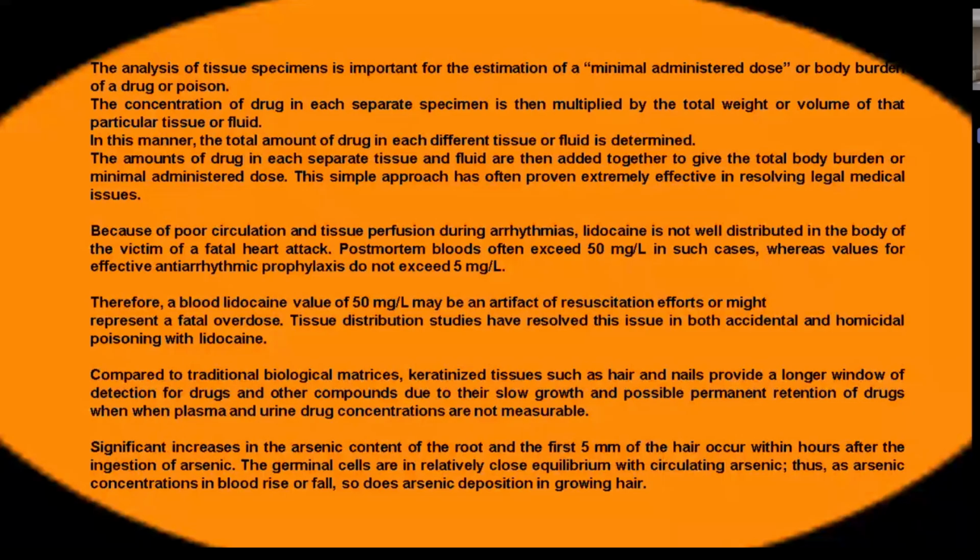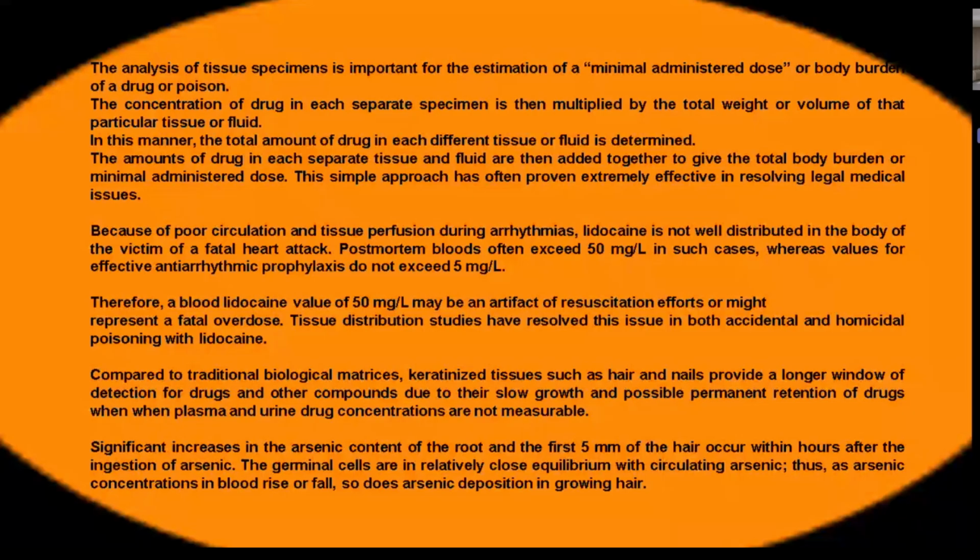So when there is perfusion, the blood concentration differs. Generally there will not be a particular assessment of the particular amount at a particular point of time. So it becomes an artifact, and it may look like a fatal overdose. But we shouldn't take that the dose was not okay. The dose might be okay, the distribution is not okay, because the patient was suffering from cardiac arrhythmia.